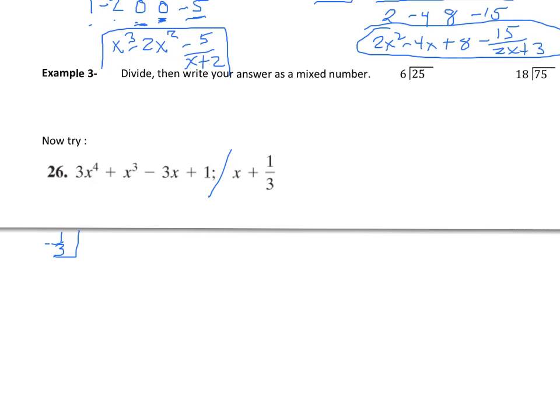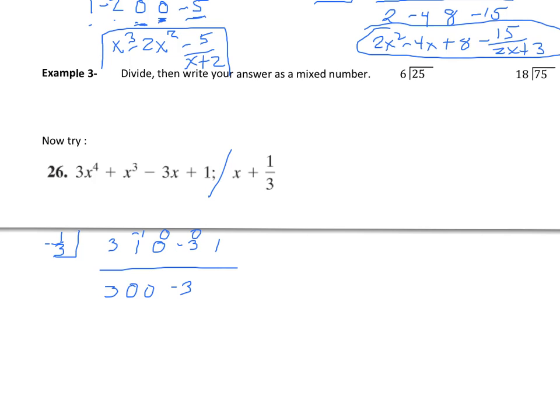Okay, so down here we got 3, 1, 0 for our x squared, negative 3, and 1. And now we're ready. So bring our 3 down. What's 3 times negative 1/3? Negative 1. Plus 1 is 0. 0, 0, negative 3.